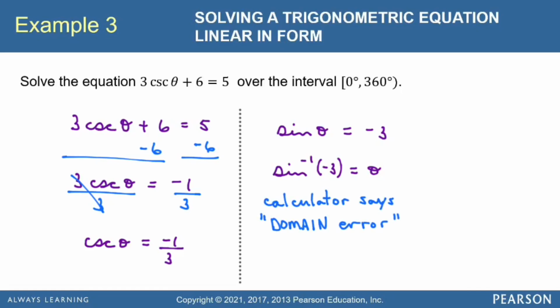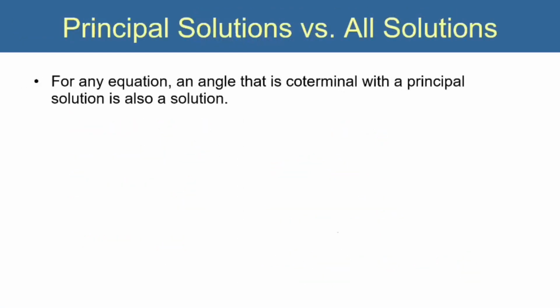And what that means is -3 is not a number that can be plugged into the sine inverse function. And so because the calculator is unable to give us a solution here, we know that no such theta exists, and therefore we could say that theta is the empty set, or the solution to this equation is the empty set. Now let's talk about principal solutions versus all solutions.